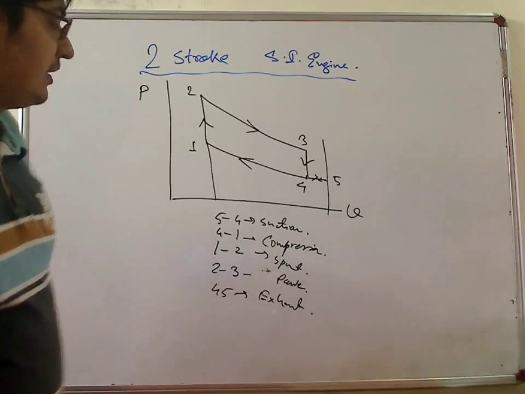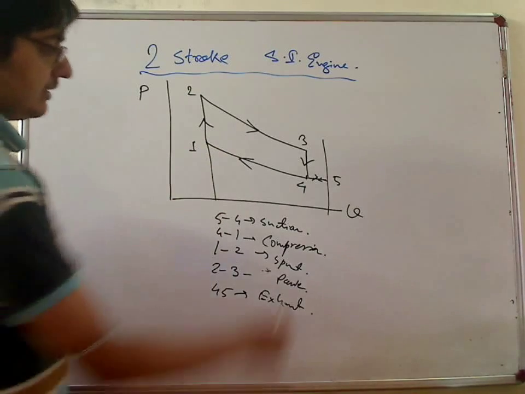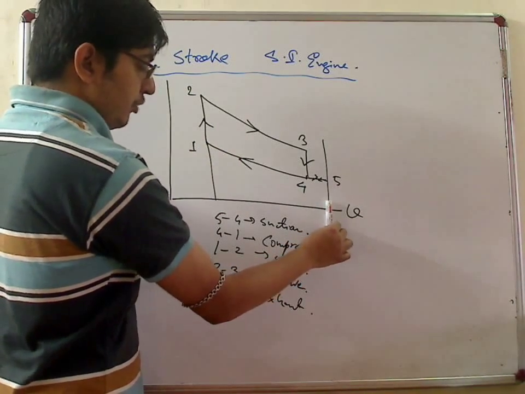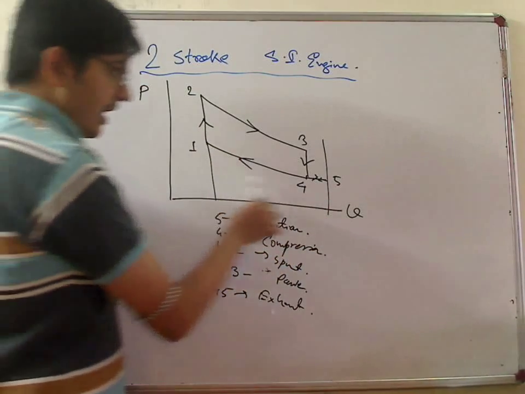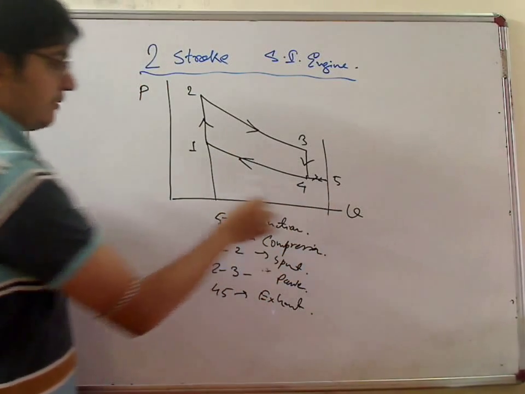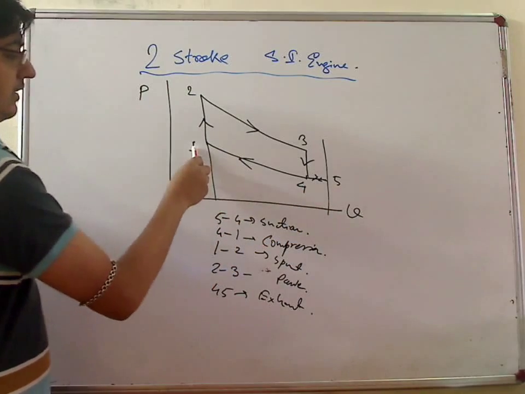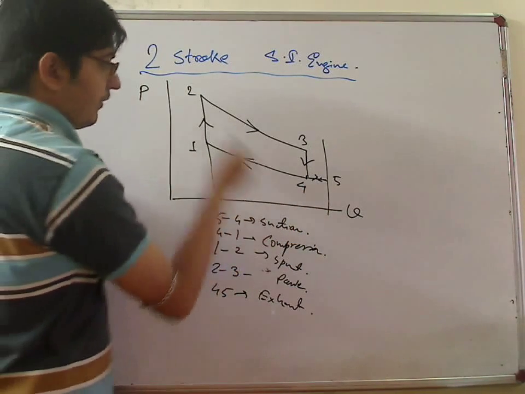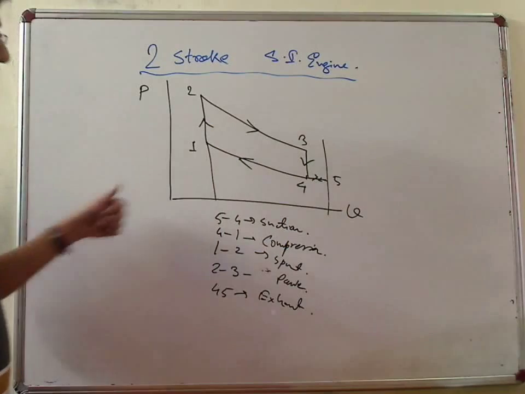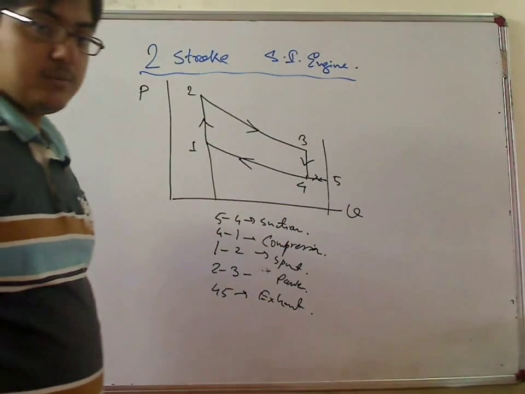So you can see that in one complete thermal cycle, the piston moves twice. During the first movement, it covers 4, 5, 1, and during the second movement, it covers 1, 3, 5. So it's a 2-stroke engine.